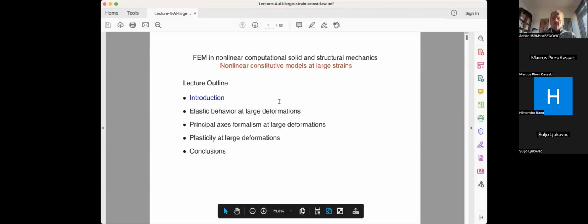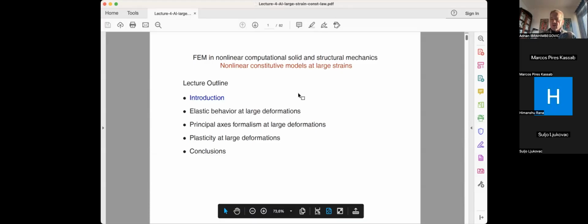So let me now take the story of large deformation and try to see how we can build the constitutive model by taking into account the approach of the principal directions. What I want to talk about today is, again, very quickly recall what the elastic behavior in large deformation is, for some hyperelastic material, just to recall it, and then we can go into the correct construction of these elastic deformations by appealing to a principal axis formalism at large deformation.